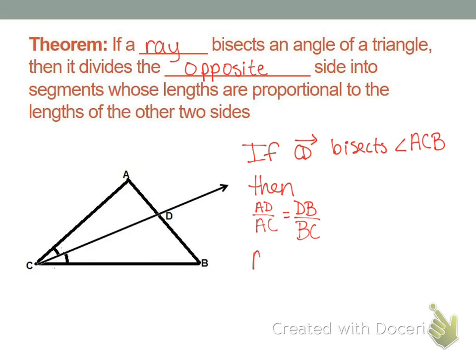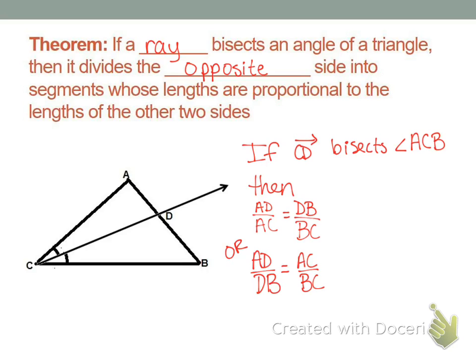Another possibility would be to compare those two pieces together. So AD to DB equal to AC to BC. Again, if we just switched the AC and the DB, we switched the means. That's one of our ways of creating equivalent proportions.